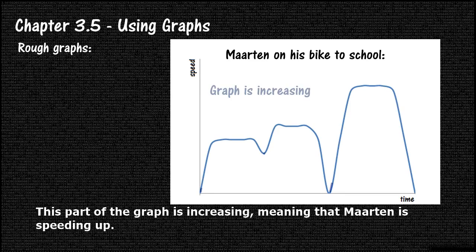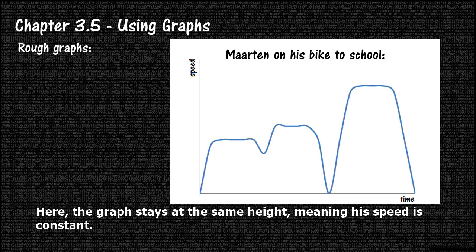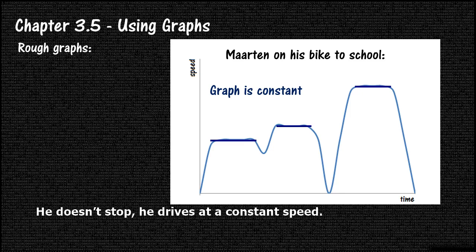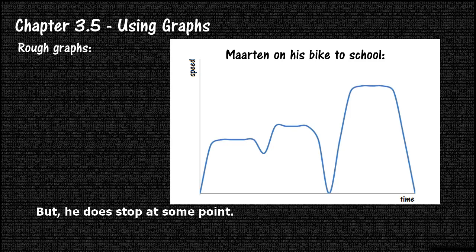This part of the graph is increasing, meaning that Maarten is speeding up. Here, the graph stays at the same height, meaning his speed is constant. He doesn't stop, he drives at a constant speed. But he does stop at some point.